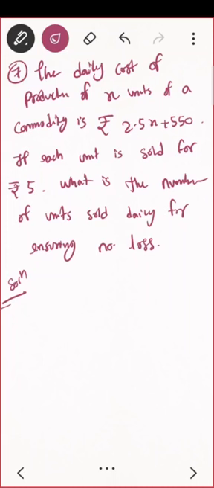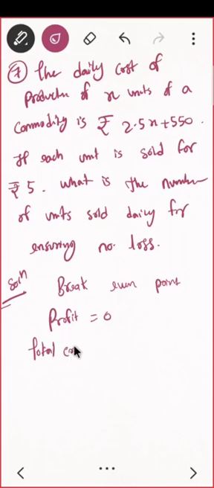You used to call this as break even point. What do you mean by break even point? That is profit is zero or no loss. That is another name. That means total cost is same as total revenue.